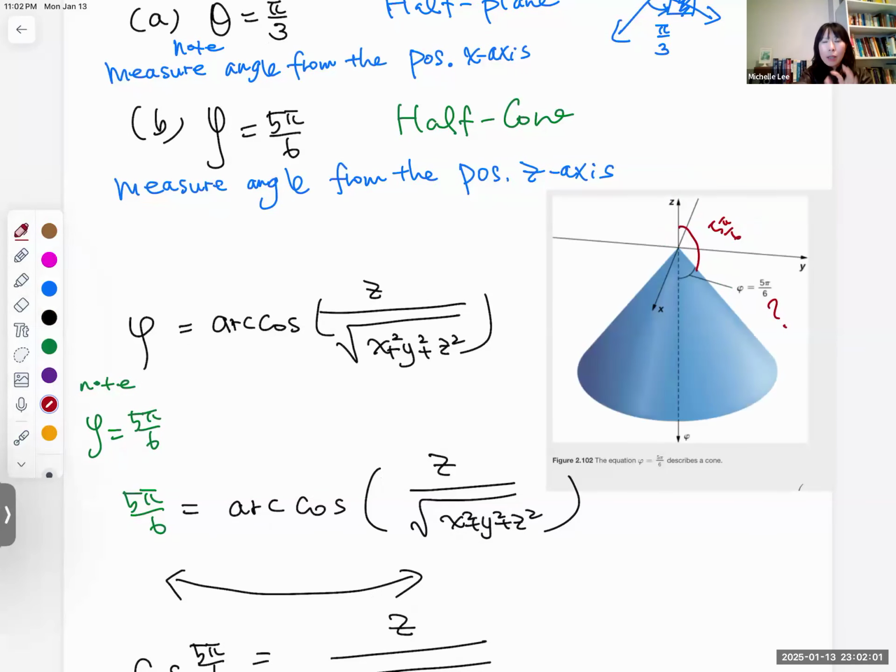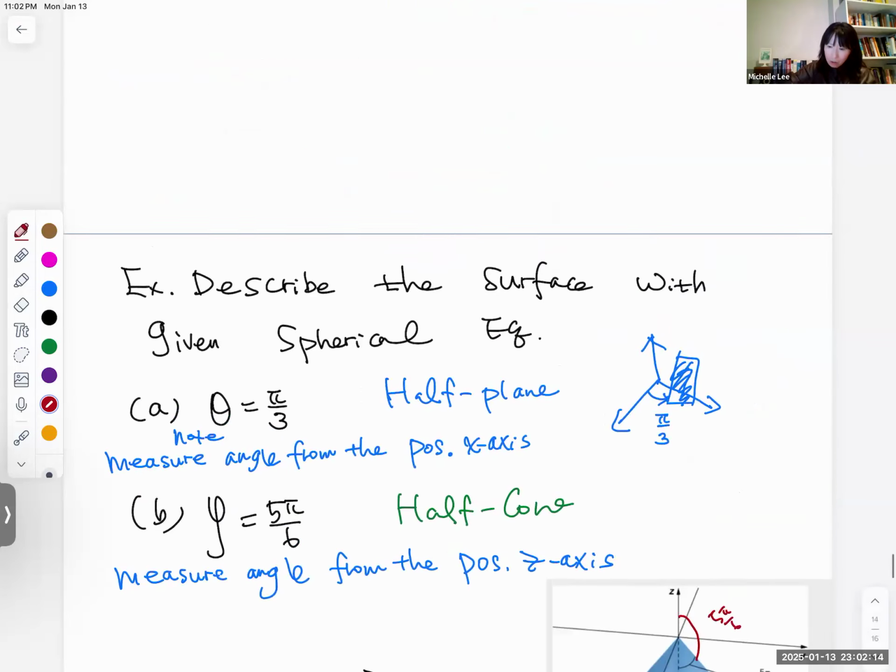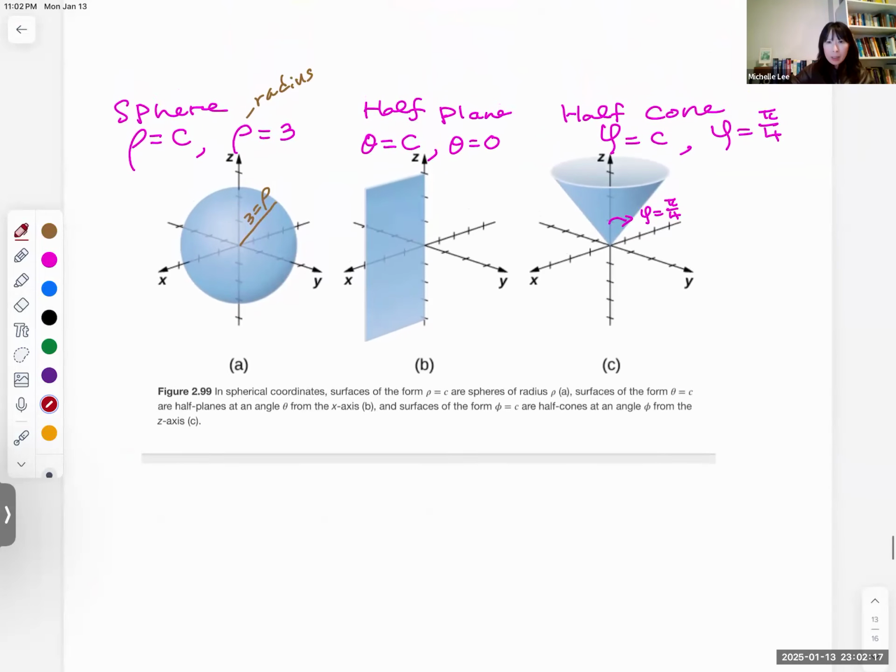Okay, so I got this screenshot from your textbook. So it's like this. We have a cone, where's my iPad? We have a half cone earlier, right?